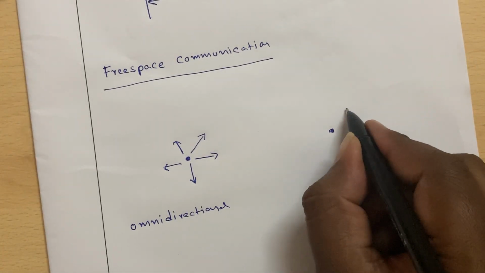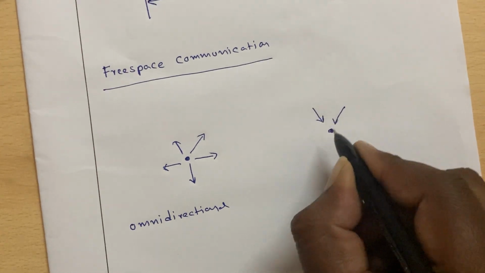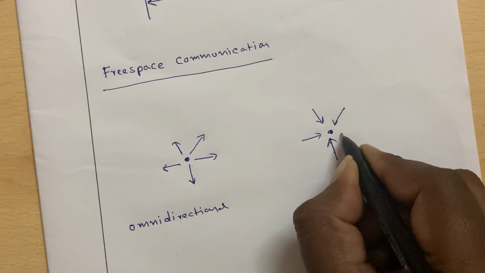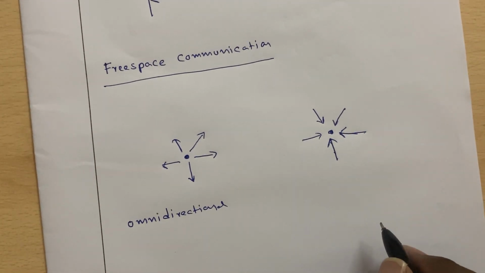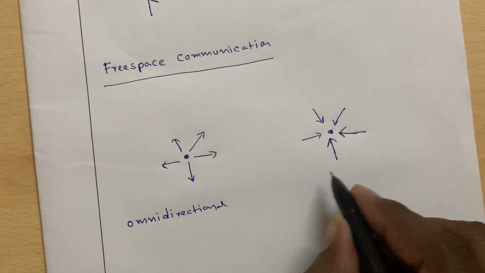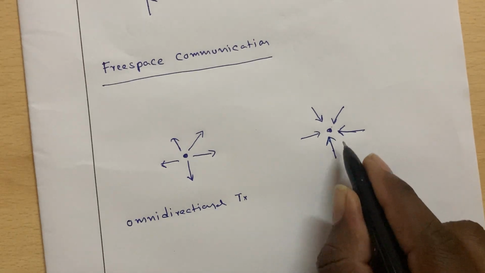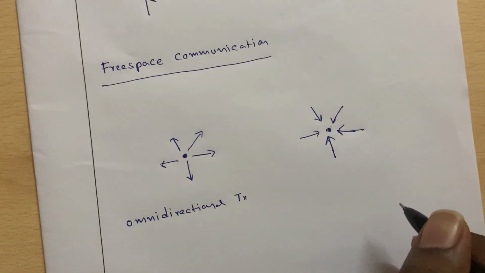Similarly, you can also have a receiver which receives equally from all directions, meaning there will not be any suppression or directivity. So it is an omnidirectional transmitting antenna and an omnidirectional receiving antenna which acts as a point sink.